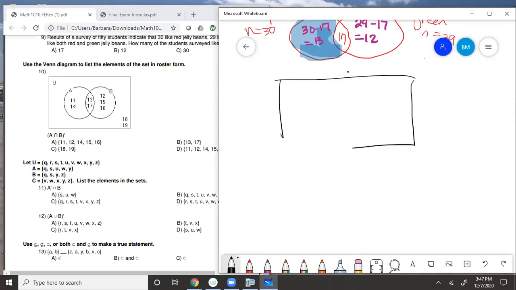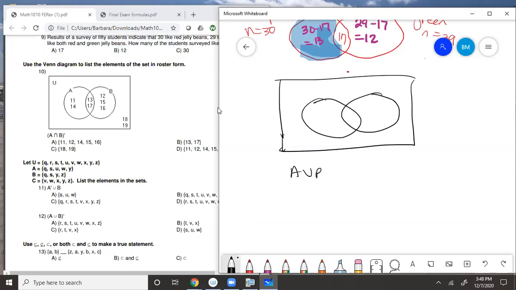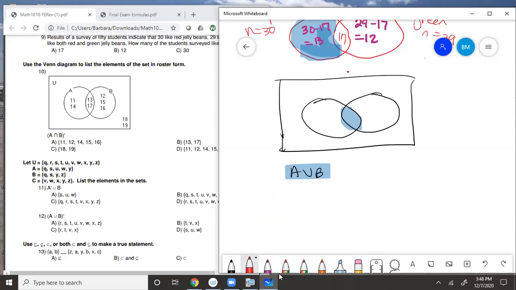All right, so here is A and B, right? The intersection of A and B, I'm just going to highlight that, is right here, right? If I want the complement of that, oops, I just put the wrong symbol in there.